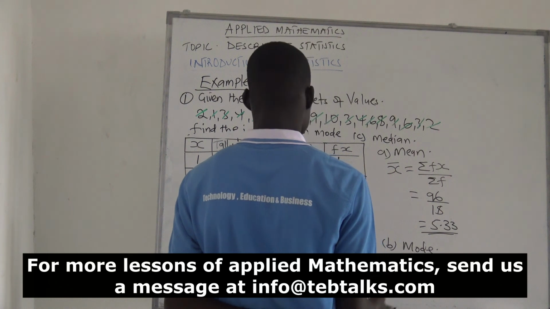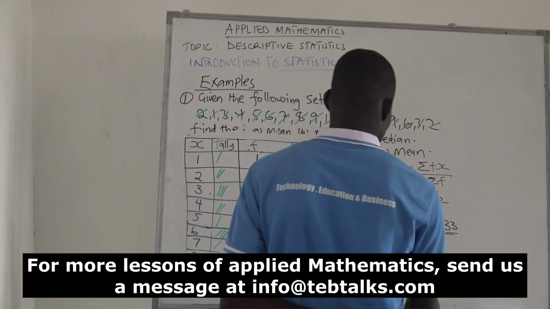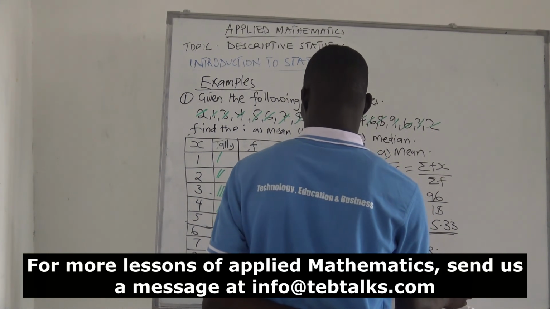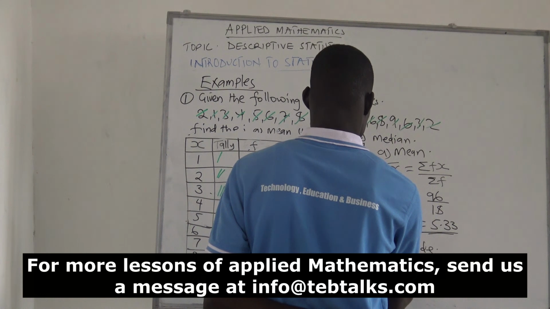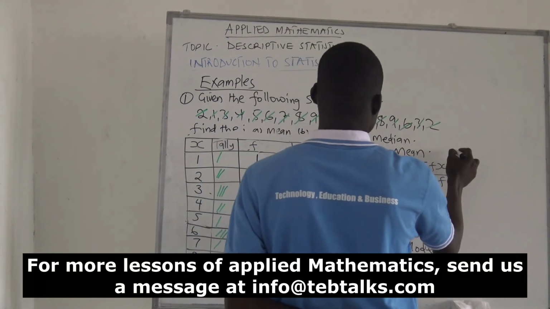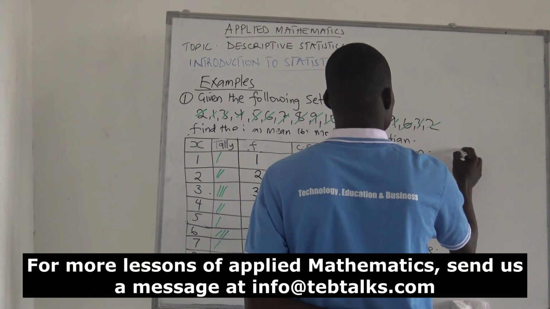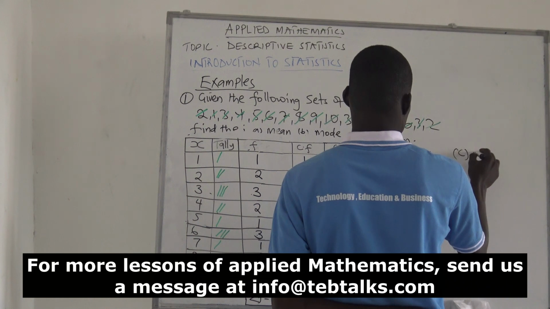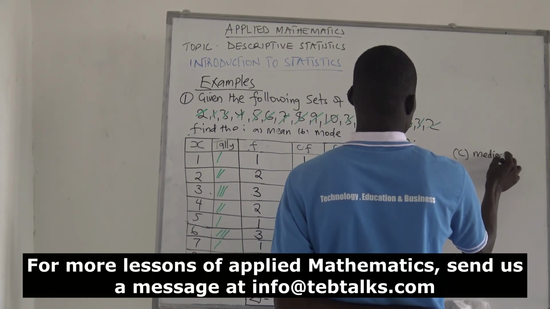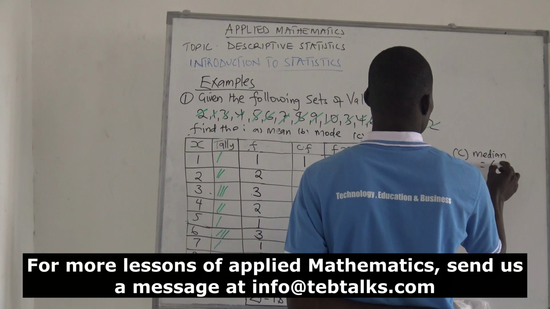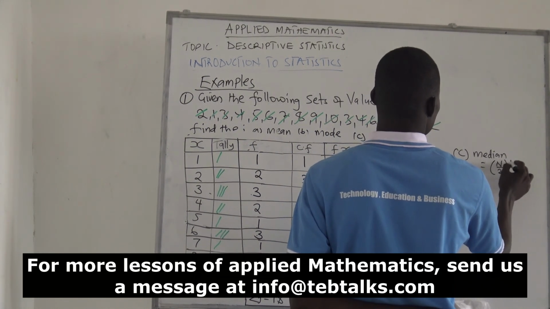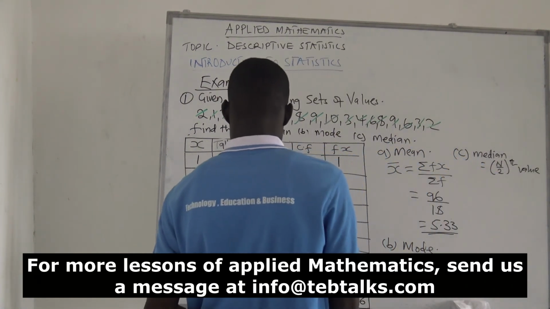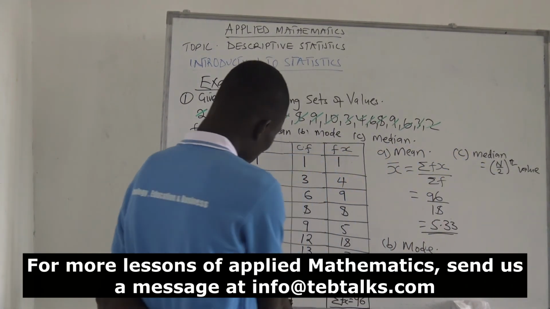Then we add and get the difference. So let us say our mode is 3 and 6. Now the median. We say the median is given by the n out of 2 th value. So what is our n out of 2? N is 18.